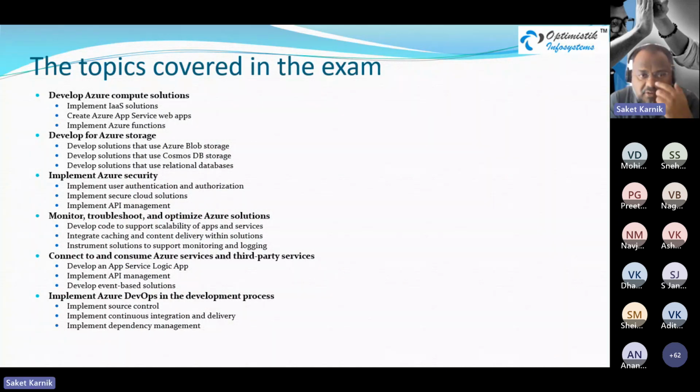So not only monitoring, this supports you with troubleshooting. This supports you with preparing reports about how healthy your application is working. And probably with the help of those reports, you can plan the optimization of your solutions. So there is an Azure Optimizer tool also available, which keeps giving you notifications about the optimization that needs to be done within your solutions.